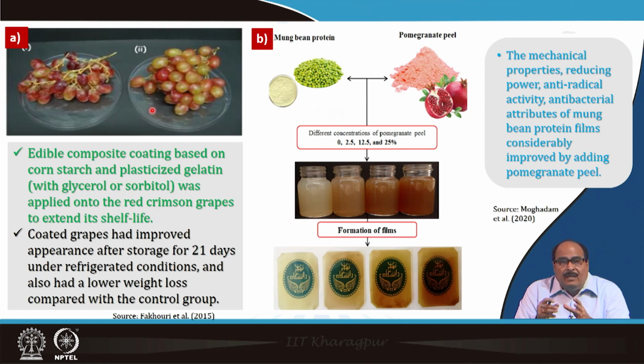Also, in mung bean paste, pomegranate peel was added at different concentrations, and this coating was applied on the fruits. It was found that the mechanical properties, reducing power, and antibacterial attributes of the mung bean protein film considerably improved by adding pomegranate peel.